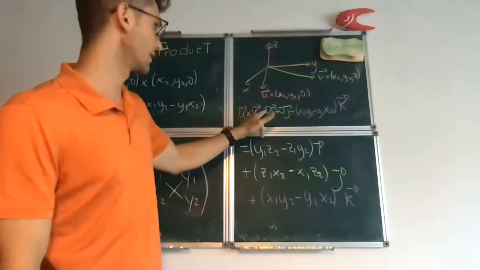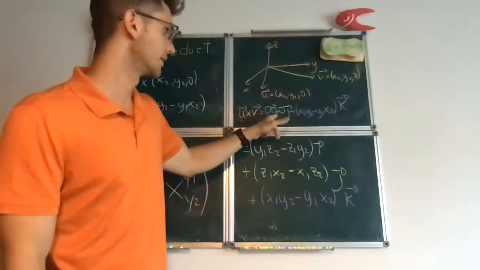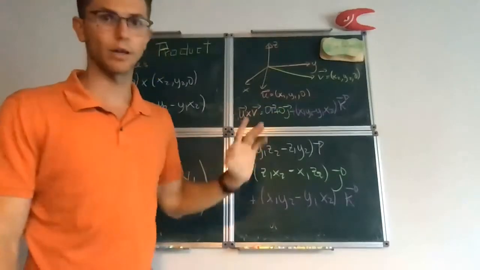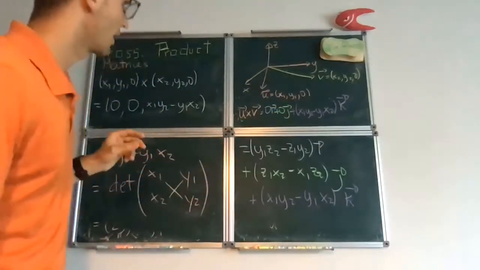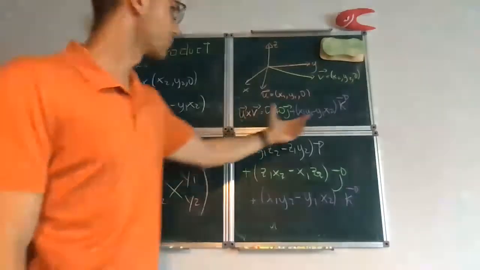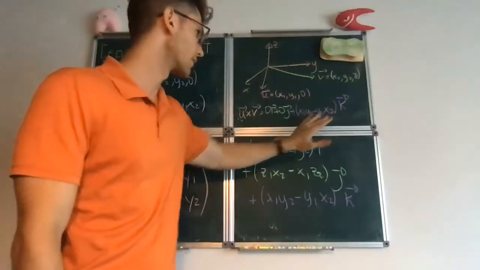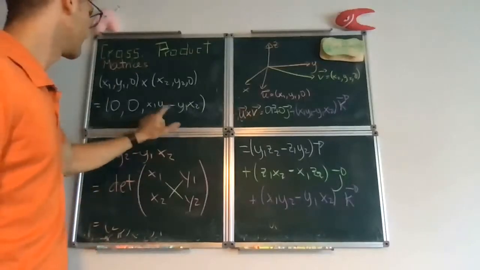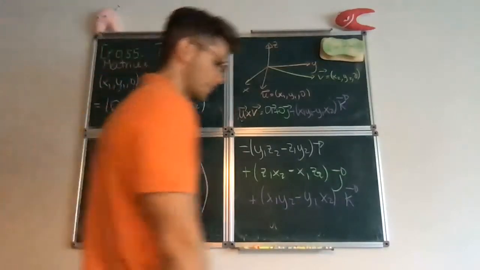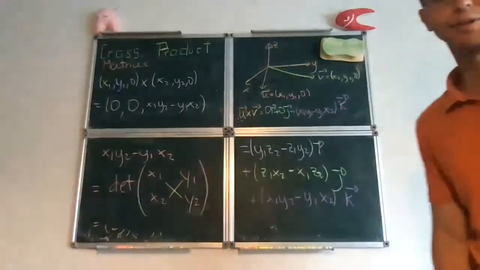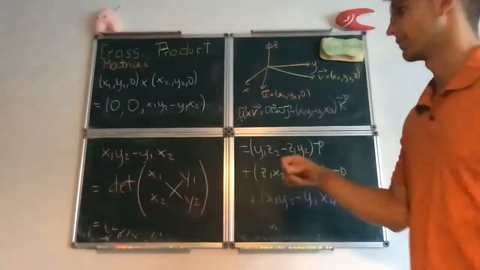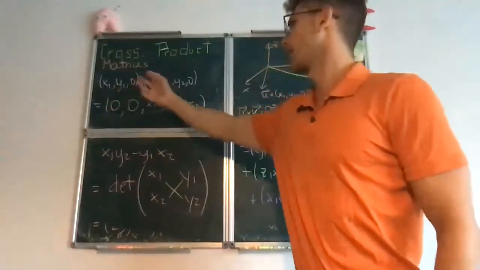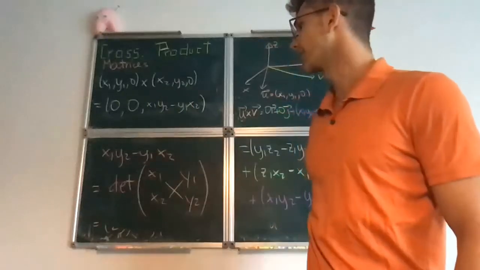So that's why the first two coordinates, or the first two entries for the vector, become 0. And then you find this expression on the third entry, which is just some interesting combination of the coordinates of the first vector and the coordinates of the second vector.